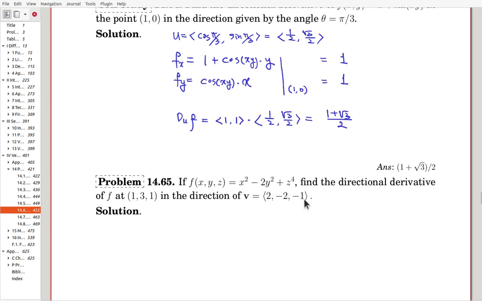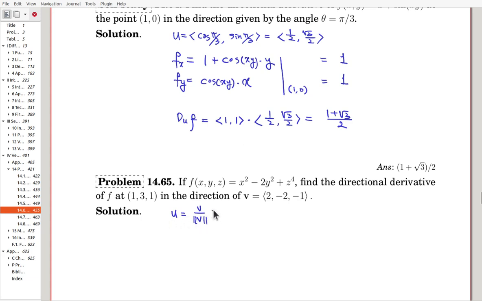That's the direction, but when you try to get a directional derivative, you need a unit vector. So u can be found from v divided by its length.